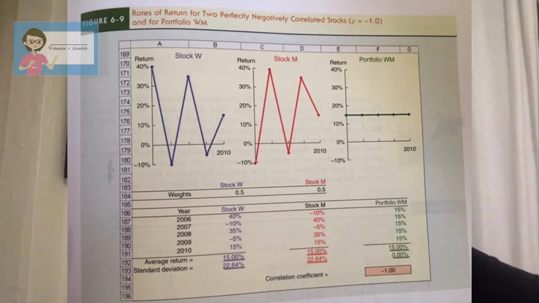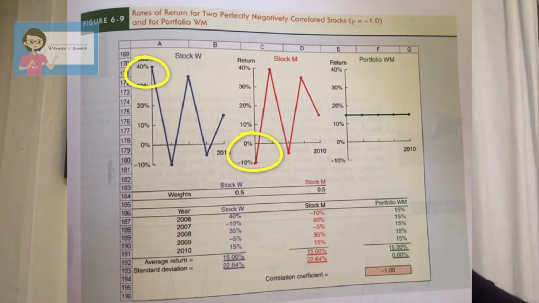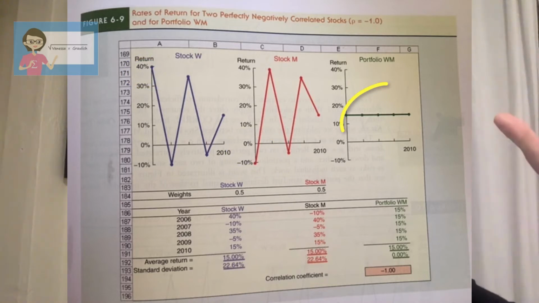Look at this. You have a stock W and a stock M. Notice how when stock W is at 40, stock M is at -10, so basically it goes in the opposite direction. When you see portfolio W and M, it's basically just one constant line. Now look at the math on the bottom.